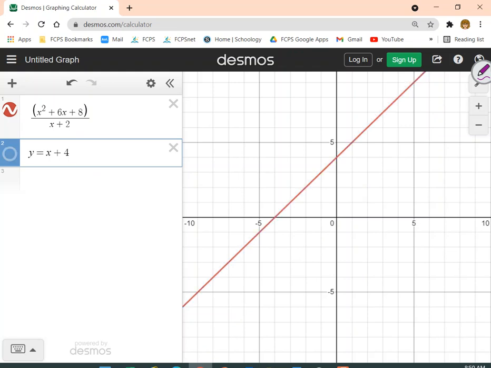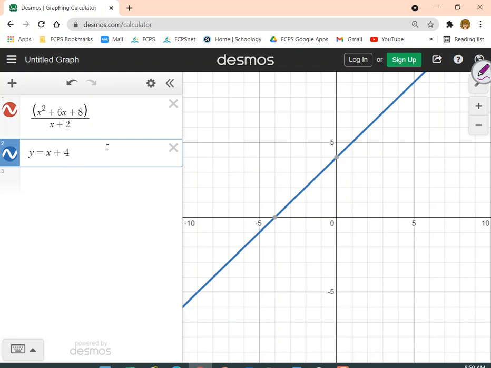This is the scary function, and this is the x plus 4 function. They're secretly exactly the same, except when I'm on x plus 4 and I go to x equals negative 2, it's not a hole anymore. They look exactly the same everywhere except the spot where the hole is. The hole gets filled in.